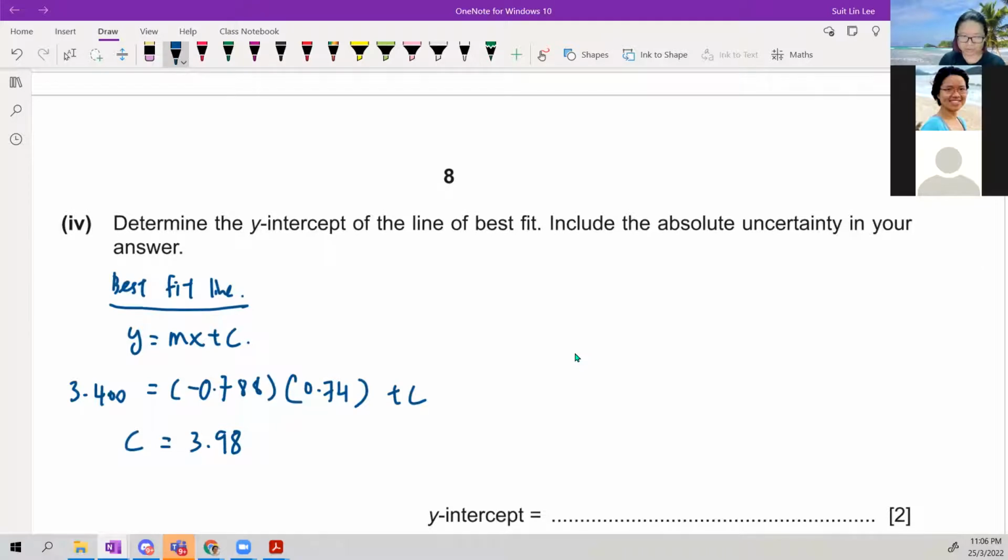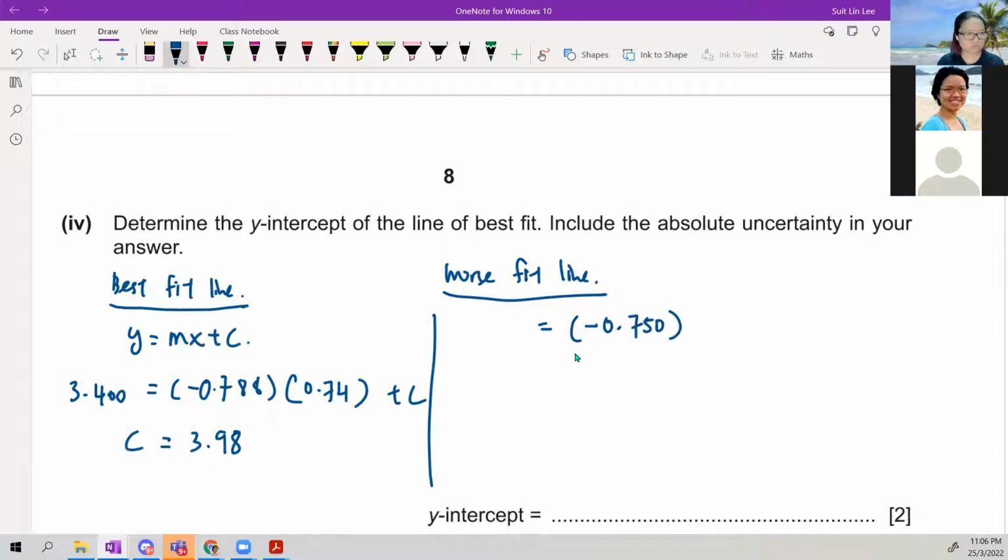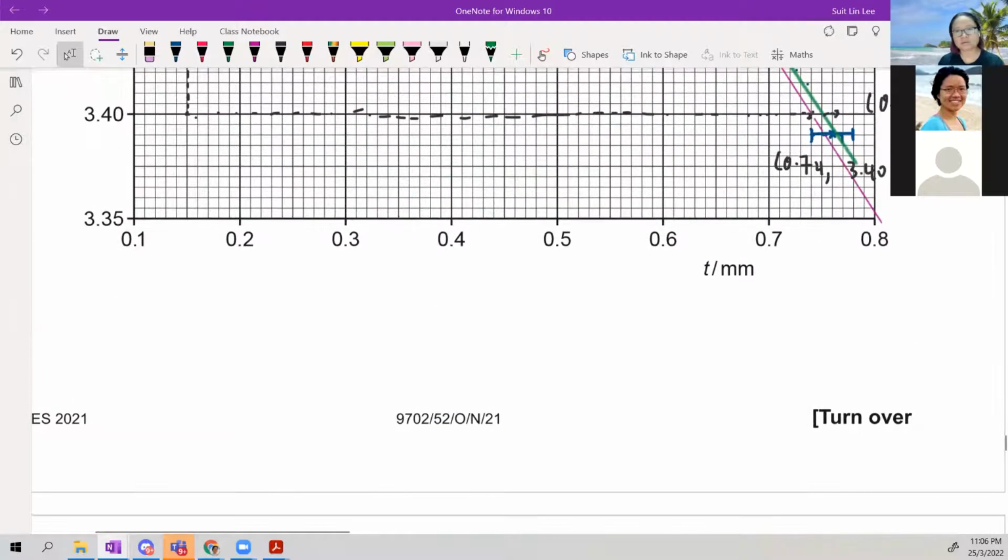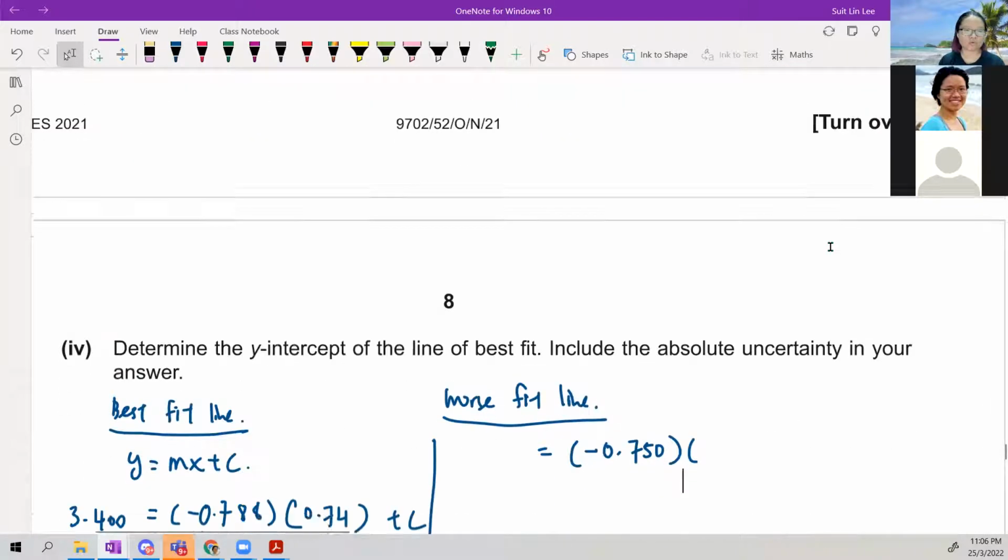Let me know if there's error, okay? Worst fit line. Repeat again. I draw a divider for myself. The gradient was negative 0.750. Then I'm going to use the coordinate here, 0.75, 3.4.